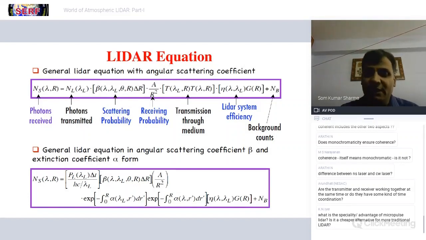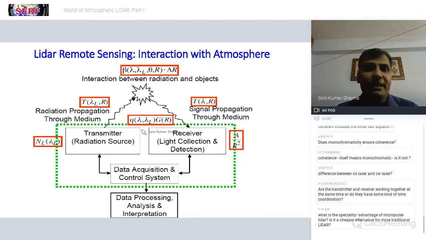So the LIDAR equation, if I go back again, all these terms are there. All the things with beta, you see the scattering probability, this T the transmittance while transmitting and while receiving. Then this is basically the transmitter power, and here A_R upon R square is the received power, and then the data acquisition and processing.